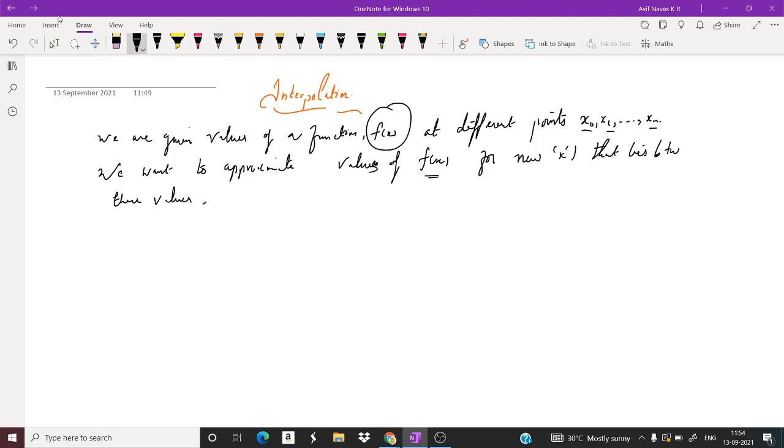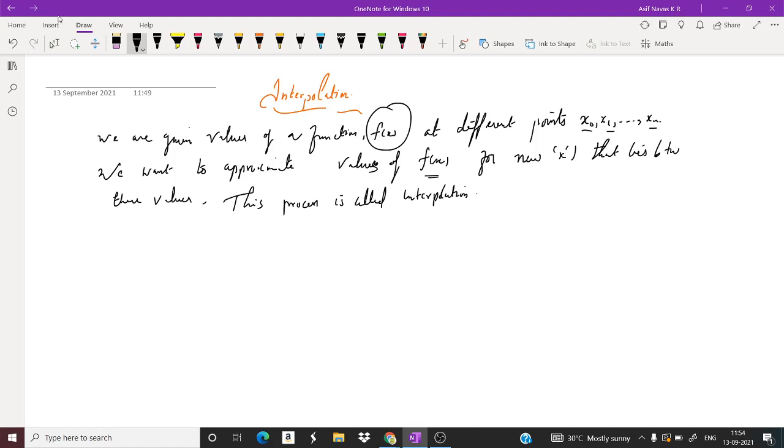This process is called interpolation. So we are given n values of a function, and by using that we will find values of the function for new points.